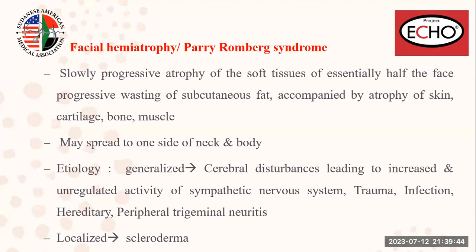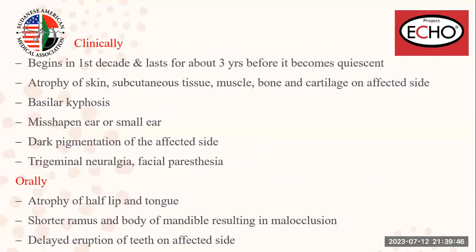So clinically, the disease begins in the first decade of life, so teenage years, and it may last for 3 years before it becomes quiescent, or before it stops progressing. As we mentioned, there is an atrophy of the skin, subcutaneous tissues, muscles, bones, and cartilage on one side.